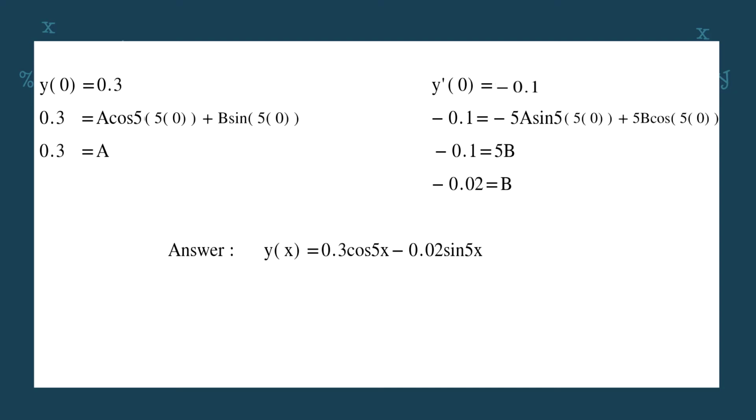Lastly, we can find the a and b values from this insertion. So, the final values of a and b that we get are 0.3 and negative 0.02 respectively. So, the equation of motion for this system, which is the final answer, will be y(x) equals 0.3 cos 5x minus 0.02 sin 5x.